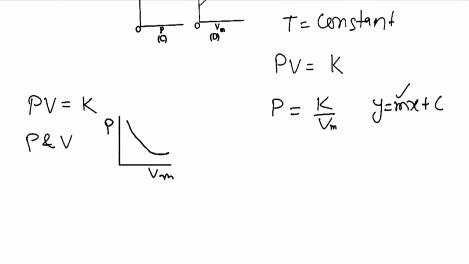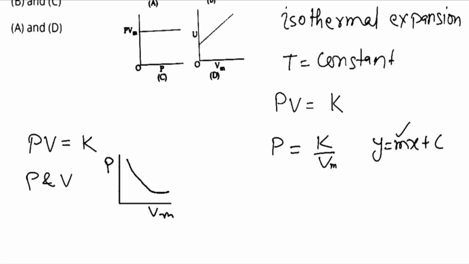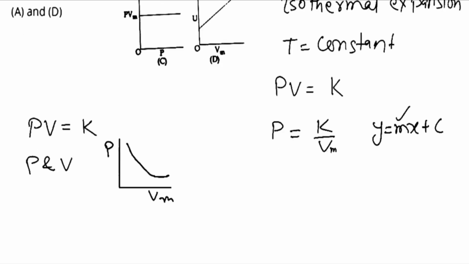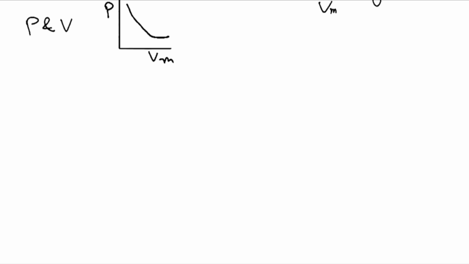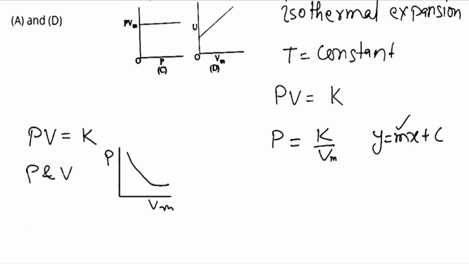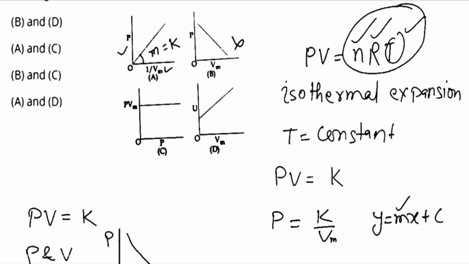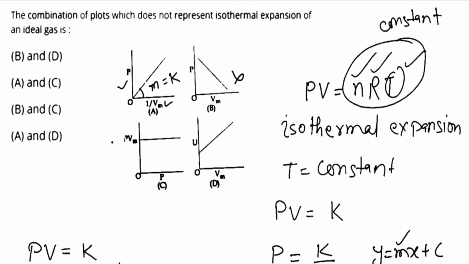Now coming to the third graph, it is PVm on the y-axis and P on the x-axis. We can see here that PV is already a constant, and here the graph is against P. So if we change the value of P, it will be a straight line because the whole term is constant.